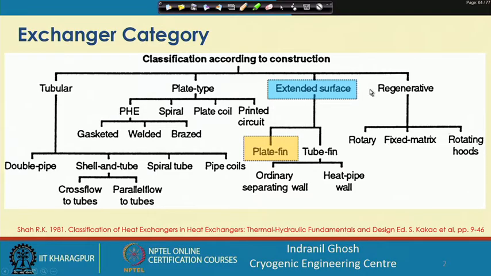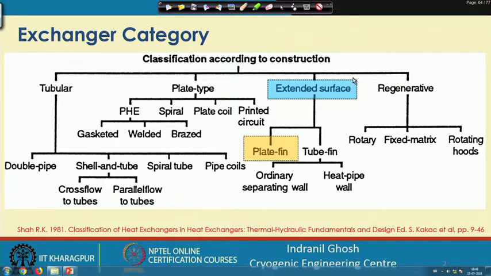So, before going into the details about the plate fin heat exchanger, let us look where it belongs to in the classification of the heat exchangers. According to the classification according to the construction, we find that there was a class of exchanger where we had the extended surface heat transfer.